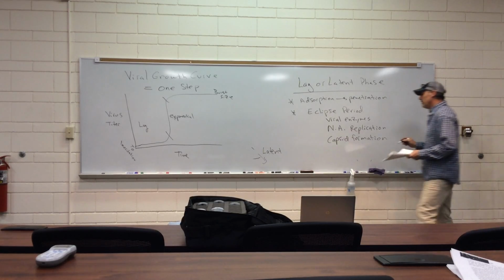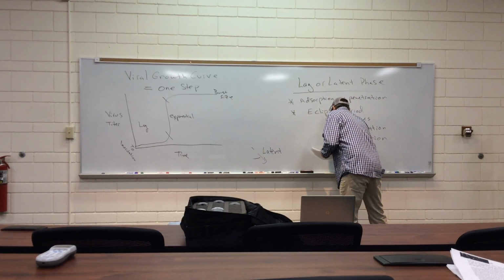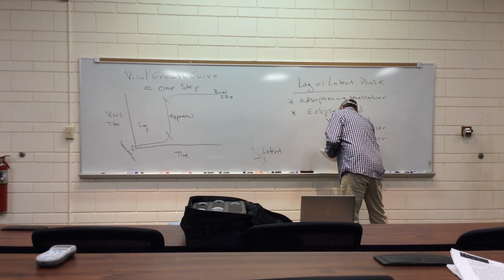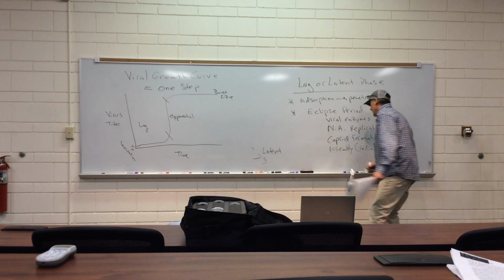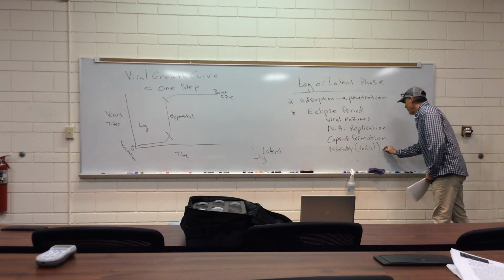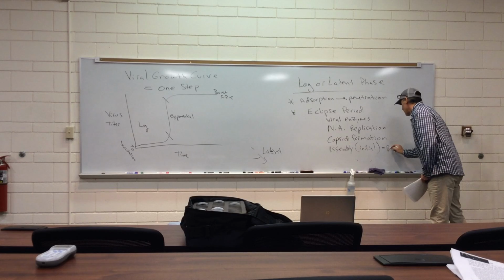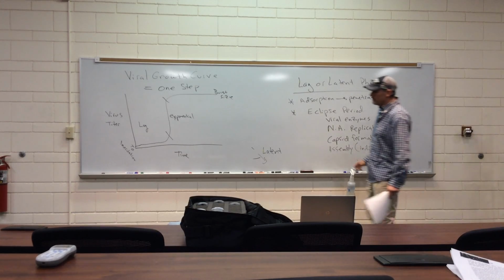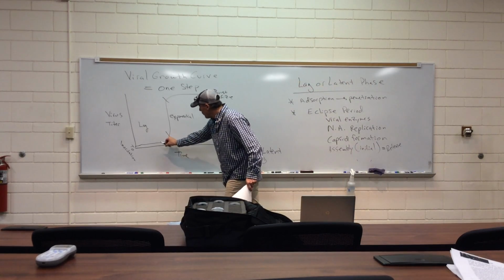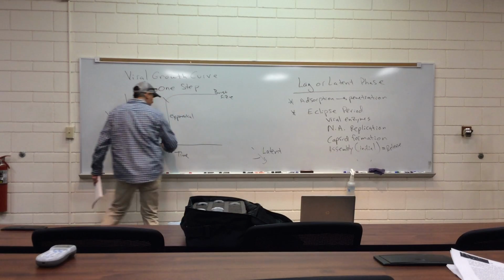And then we get assembly and really just initial release right at the end of this eclipse period. So you see that initial release with just the start of the graph moving upwards.